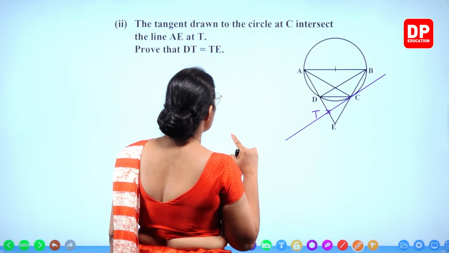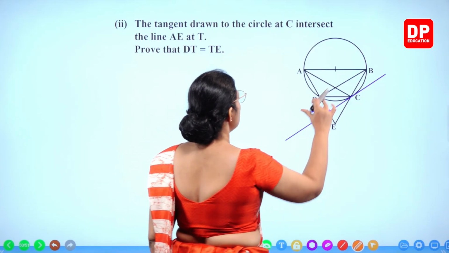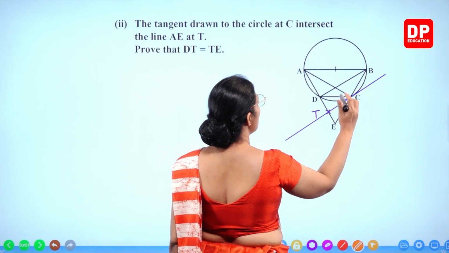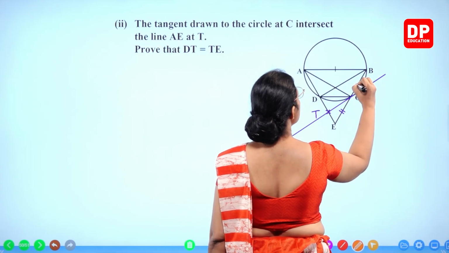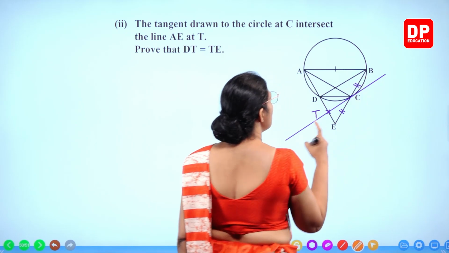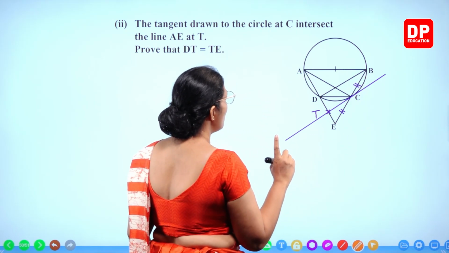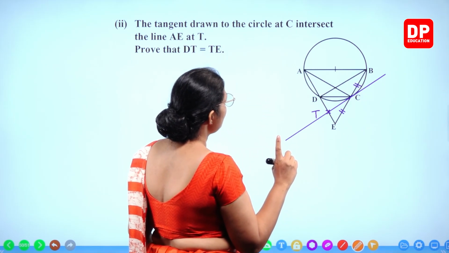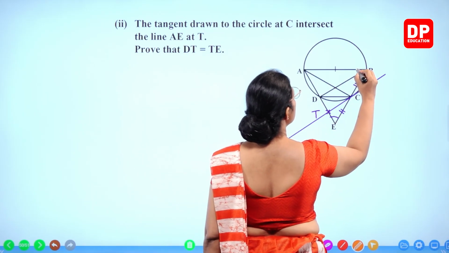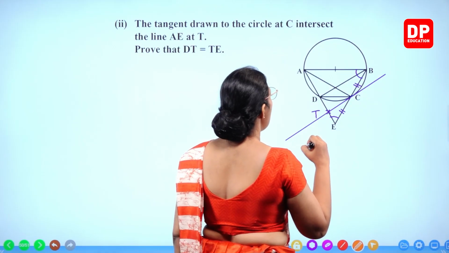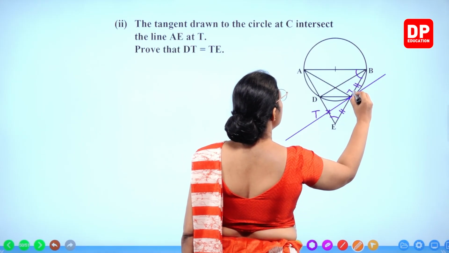Now from the previous part, we showed that these two triangles are congruent. So we can mark this length is equal to this length because corresponding elements are equal. And we know that this is equal to this and this is 90 degrees.